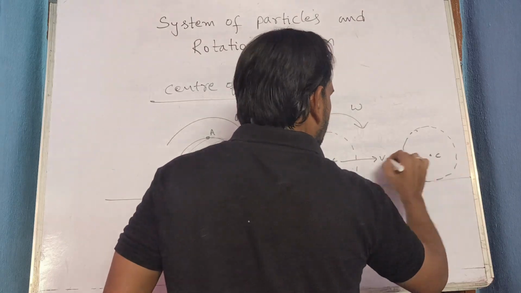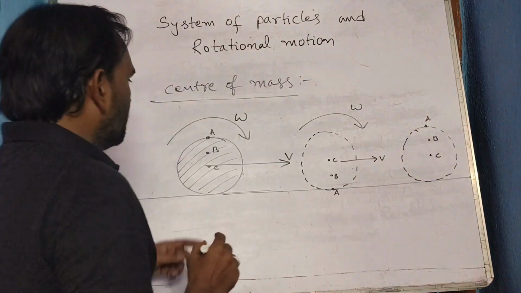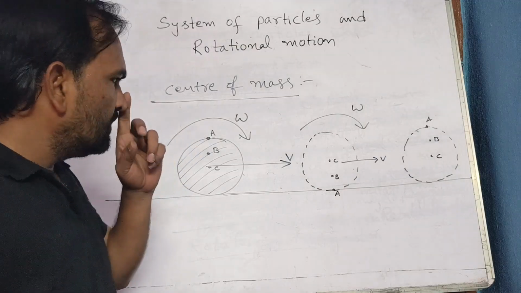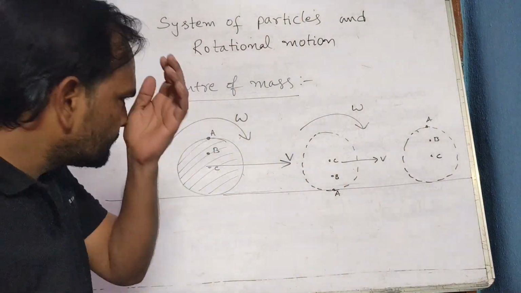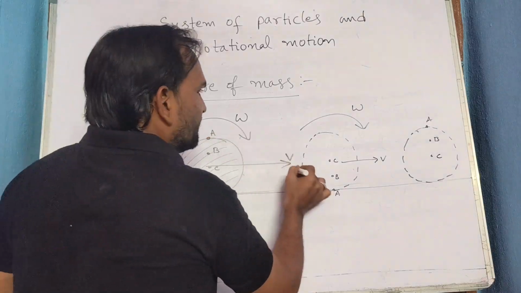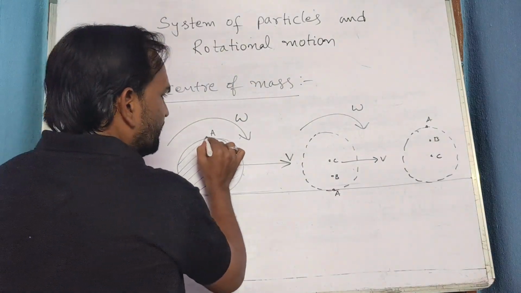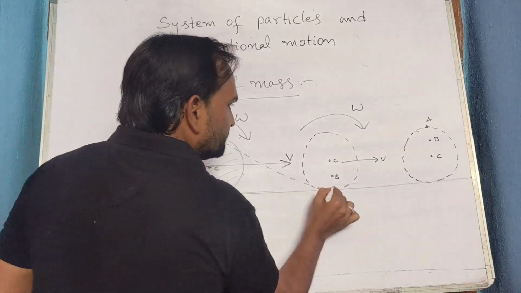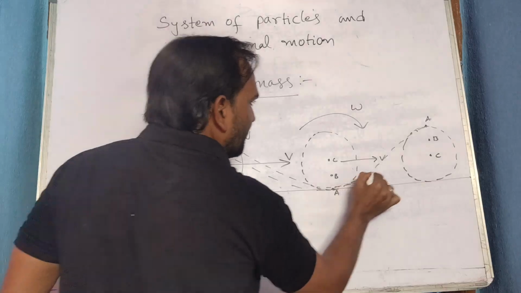C is constant, while A and B follow different paths in different positions.